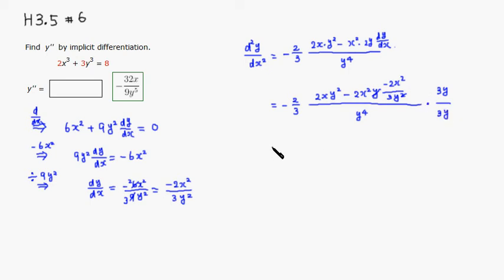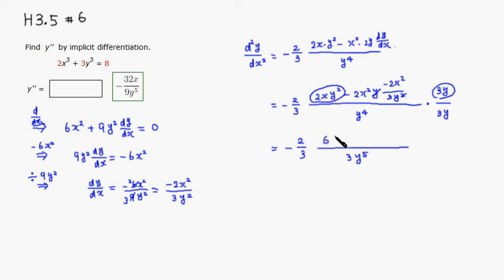Right? So this way we'll get negative 2/3, which is just a constant in front. Then what you get on the bottom is 3y to the 5th power. Right? Then you multiply this, so it's 3y times 2xy squared.